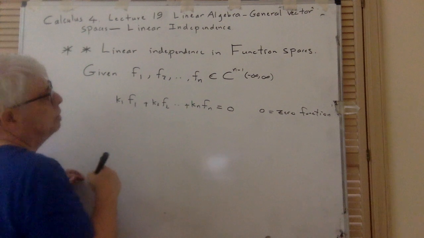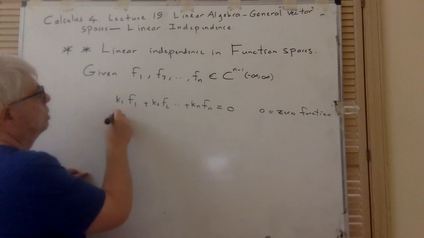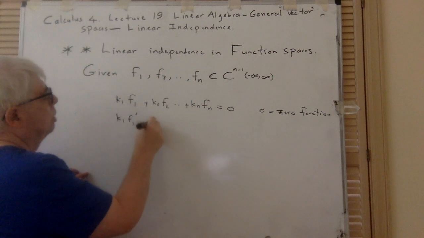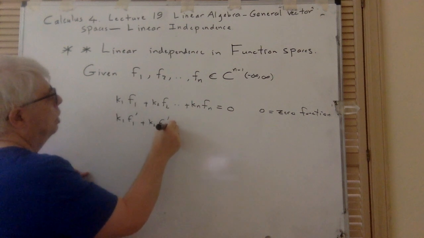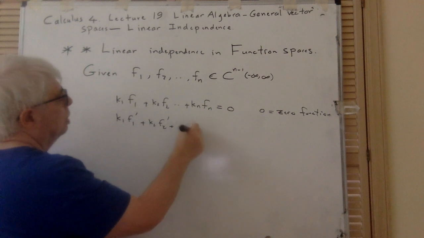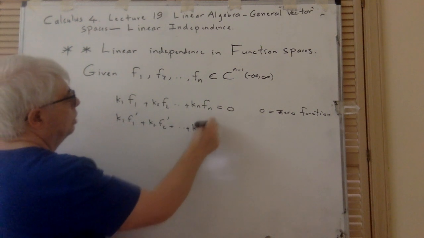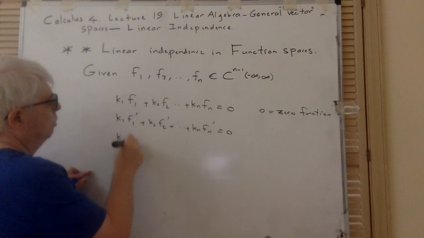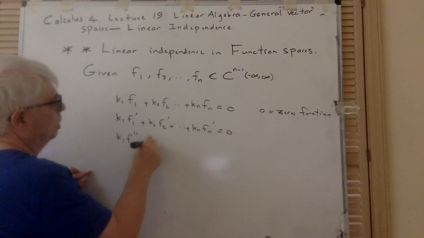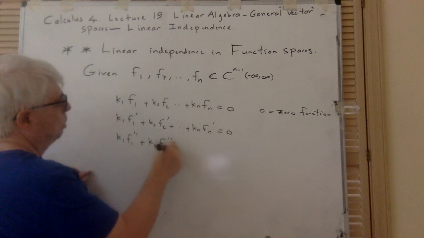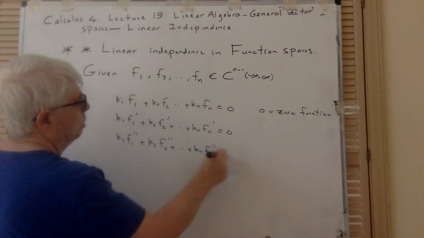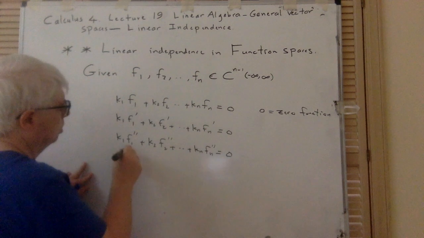Now I can differentiate this n minus 1 times. So I have k1 f1 prime, k2 f2 prime, kn fn prime. Then k1 f1 double prime, k2 f2 double prime, kn fn double prime equal to 0 again. 0 prime is 0.